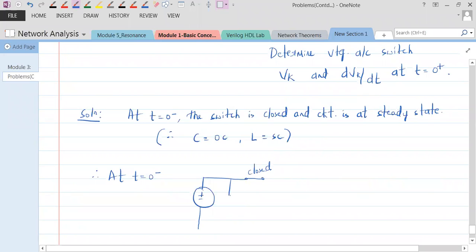Understand? And this is open circuit. Everybody understand this? The capacitor is open circuit. Fine. The inductor is short circuit. Then we have the resistor R.